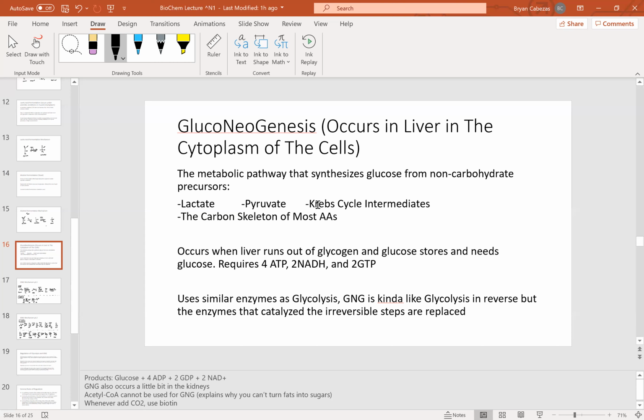For example, there could be Krebs cycle intermediates, or you can have carbon skeletons of amino acids, or we can have your well-known pyruvate or lactate also participate in this process. So you're just going to take intermediates found from different pathways, or maybe the same pathway, and you're going to turn those through a bunch of reduction and oxidation reactions back into glucose.